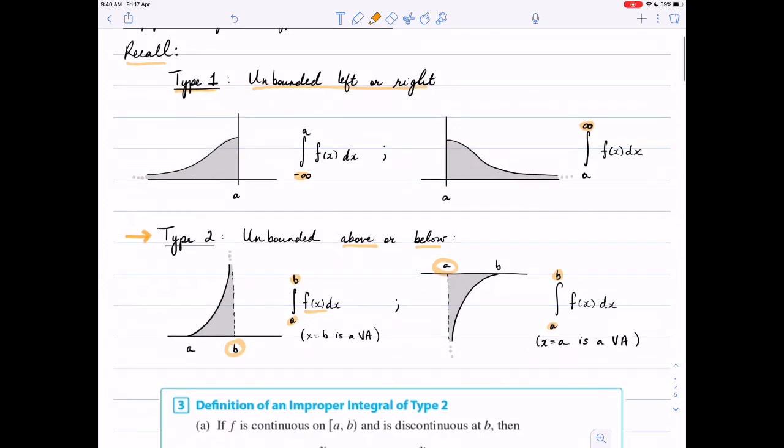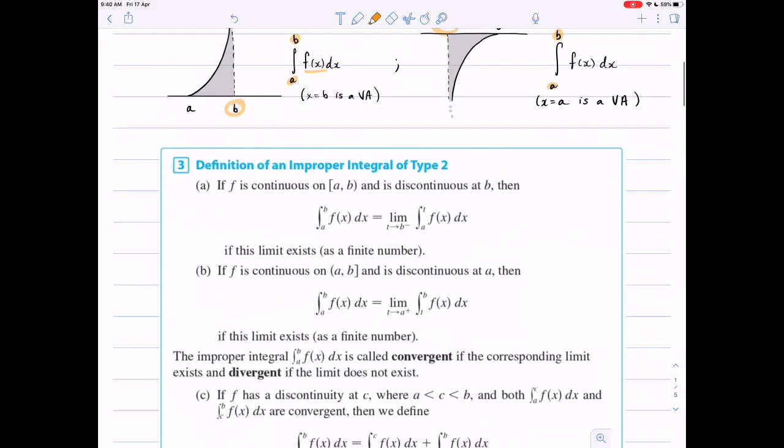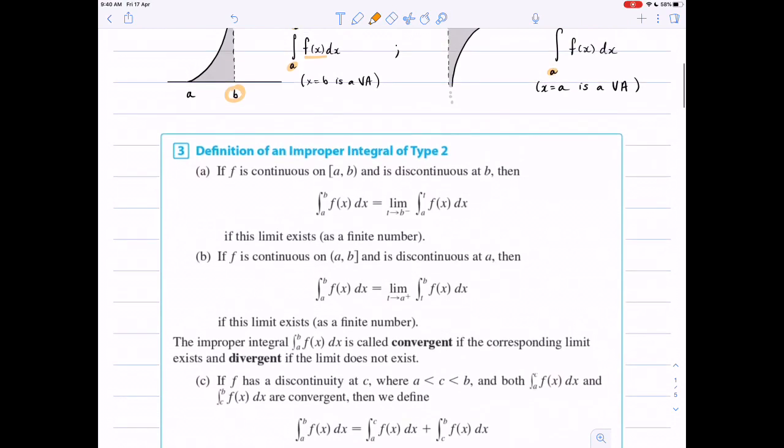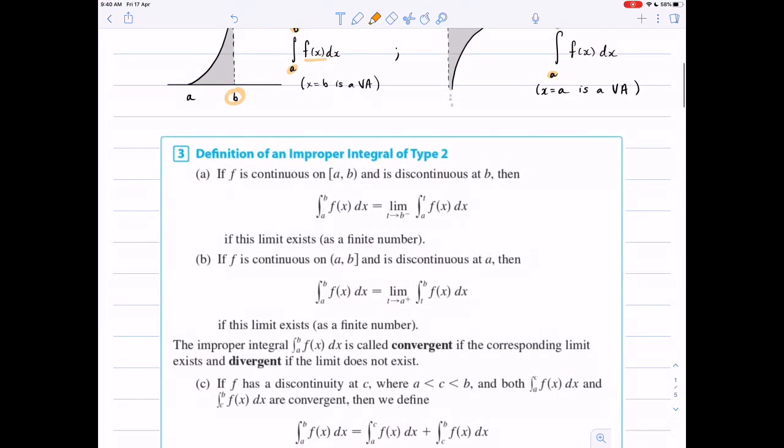So let us look at the definition of the improper integral, and you'll see that it is defined in a very similar way to what we did for type 1.